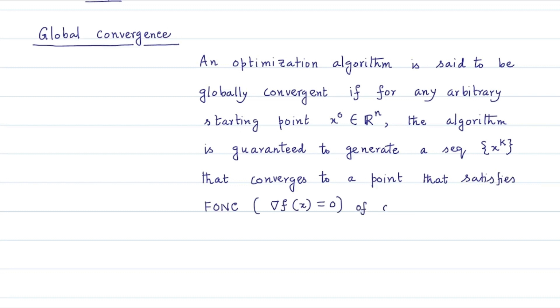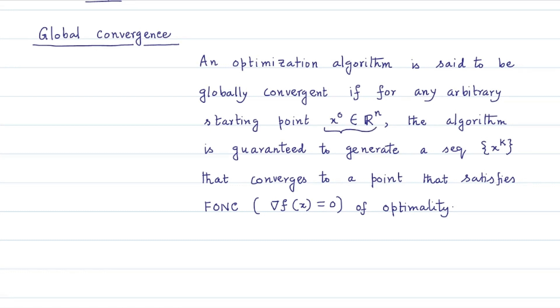The word global in global convergence is due to the fact that the initial point x naught can be chosen arbitrarily from the entire global or universal region Rn.